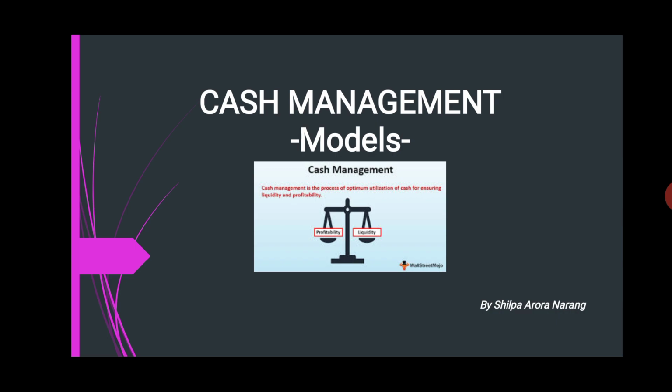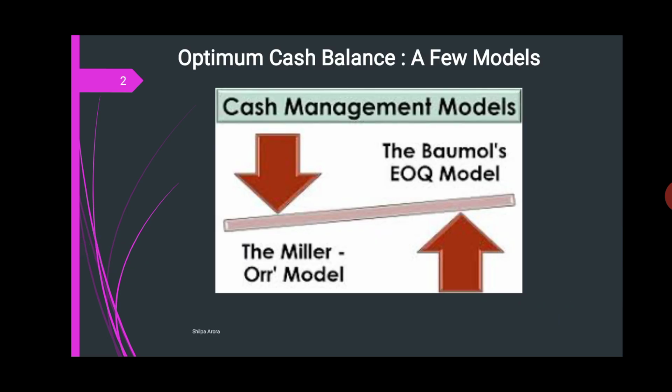And for meeting this problem, several models have been suggested to deal with the problem of optimum cash balance, and there are two important models which have been discussed in these slides. First is the Baumol's model, and the second is the Miller-Orr model.